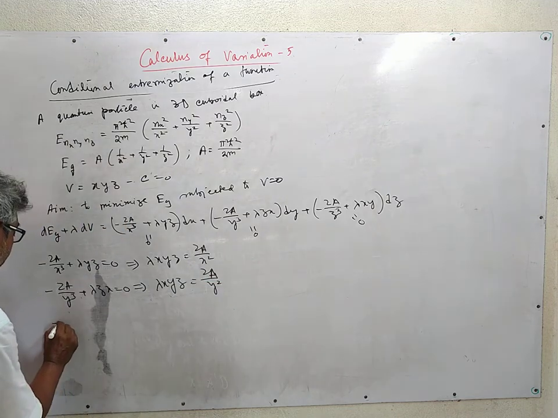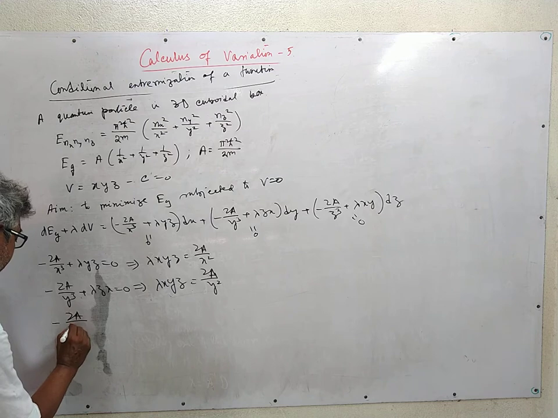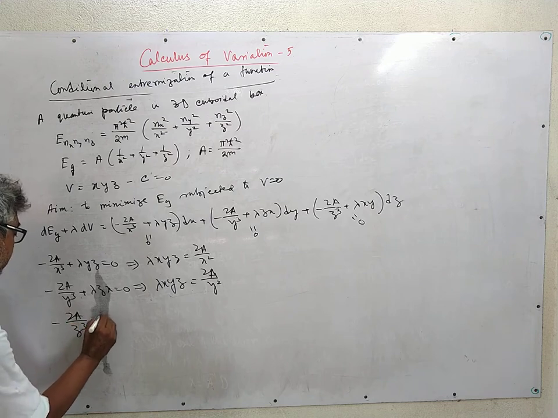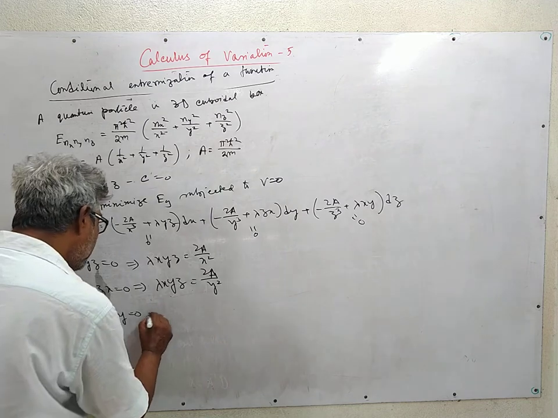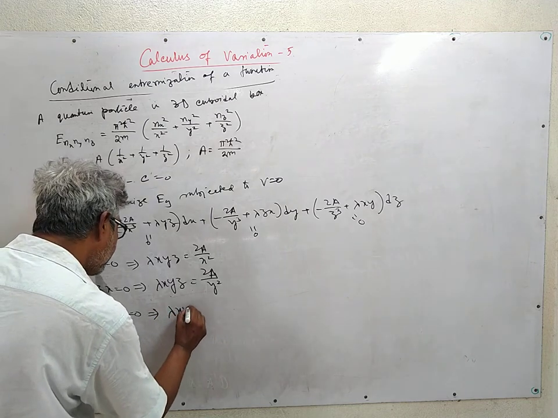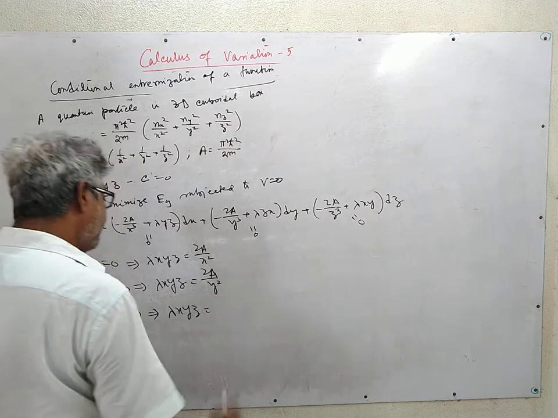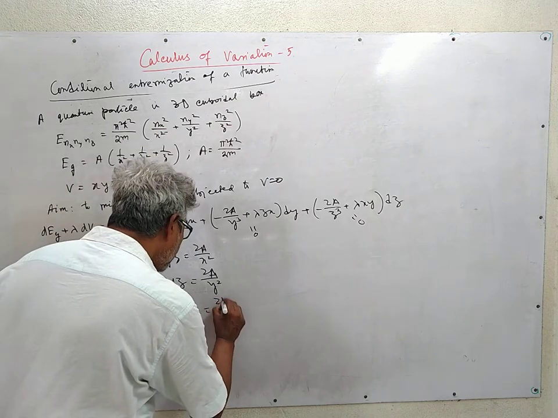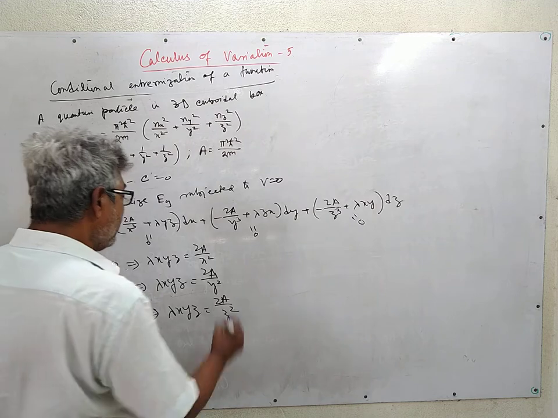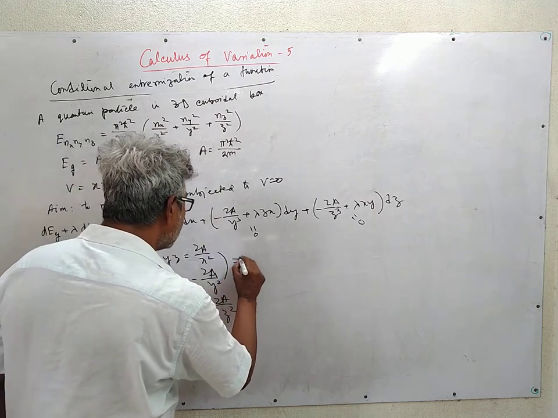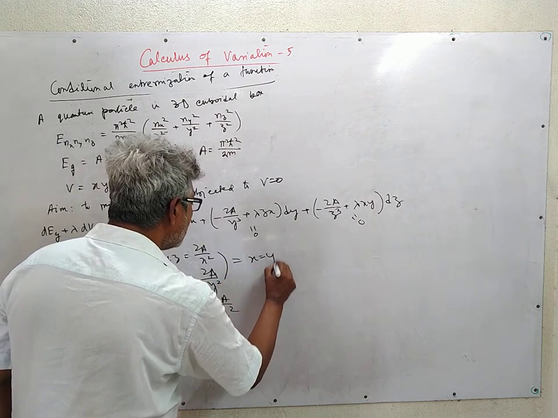And the third condition is -2a/z³ + λxy = 0, which gives λxyz = 2a/z². If we solve this, it gives x = y.